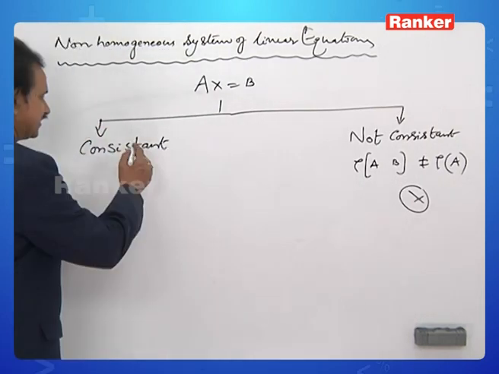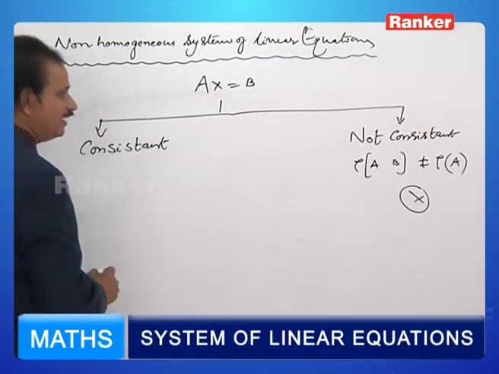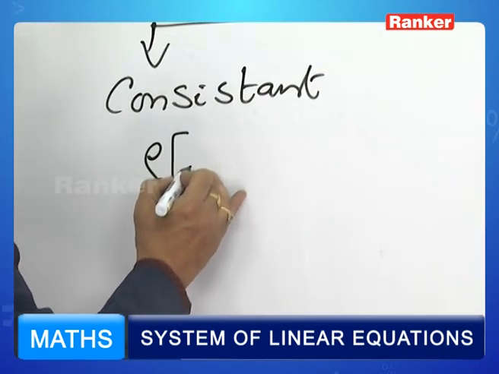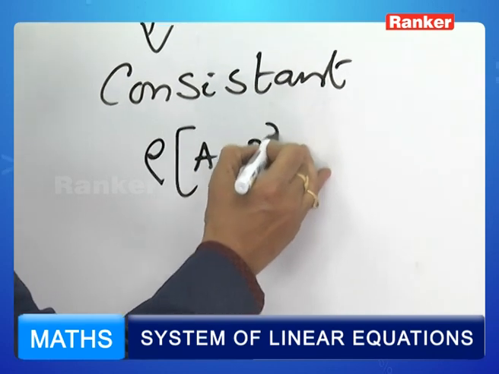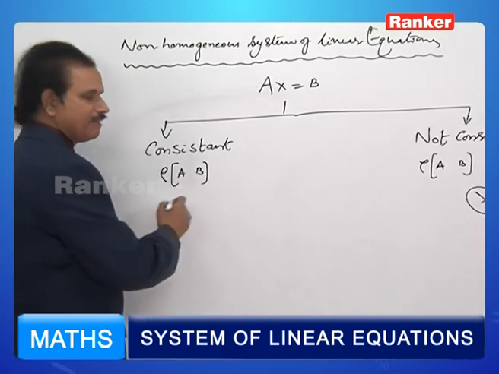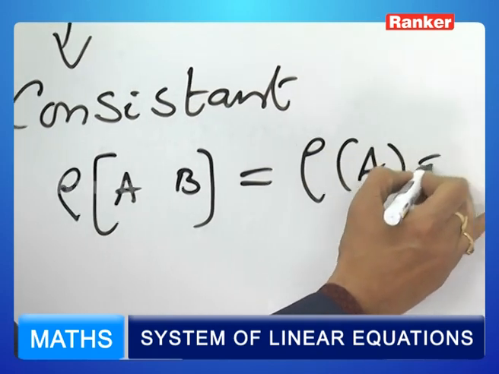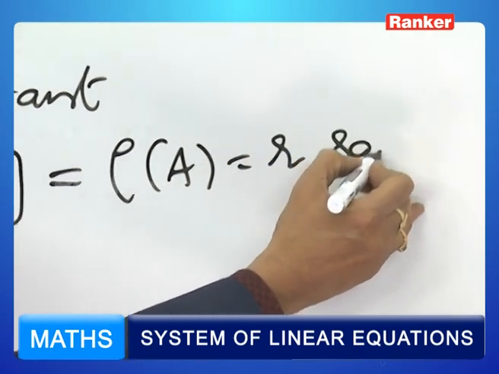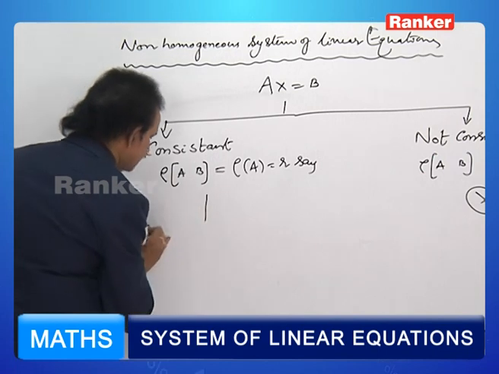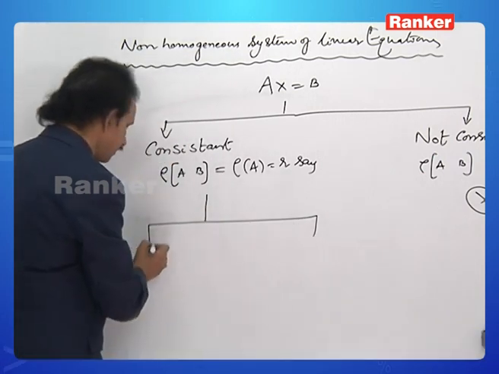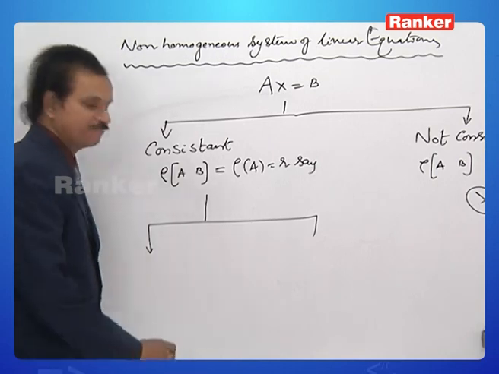Okay, suppose they are consistent. When do you say that they are consistent? Rank of AB, meaning not the product AB but the augmented matrix AB, is equal to rank of A is equal to small r. Say, in this case again, two cases.